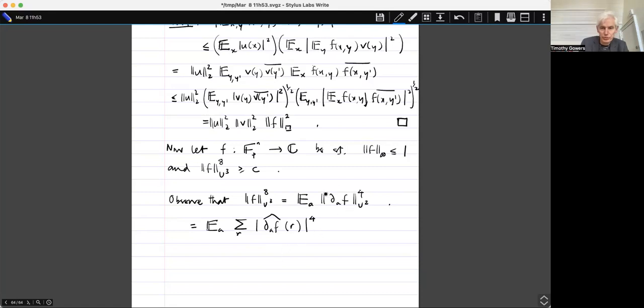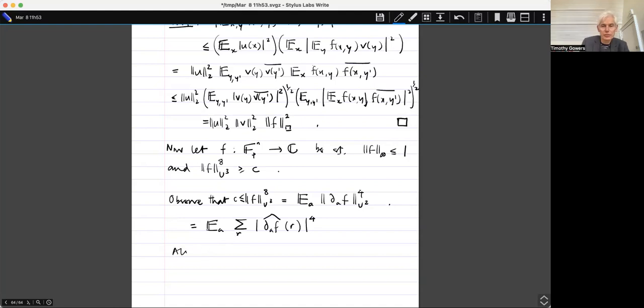That's because, if you recall, the U2 norm raised to the power 4 is the L4 norm of the Fourier transform raised to the power 4. And so all that was at least c.